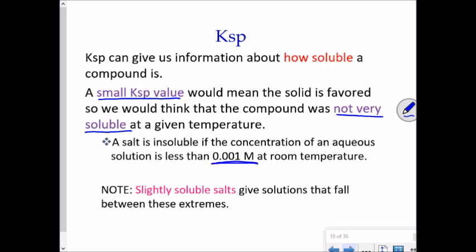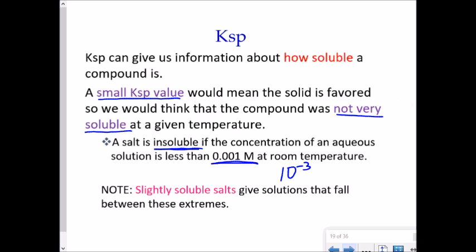It's following the 0.001 molar. It can't dissolve and reach that 0.001 molar amount. So anything that can't dissolve and get up to that 0.001 molar, that is less than that, is considered insoluble.